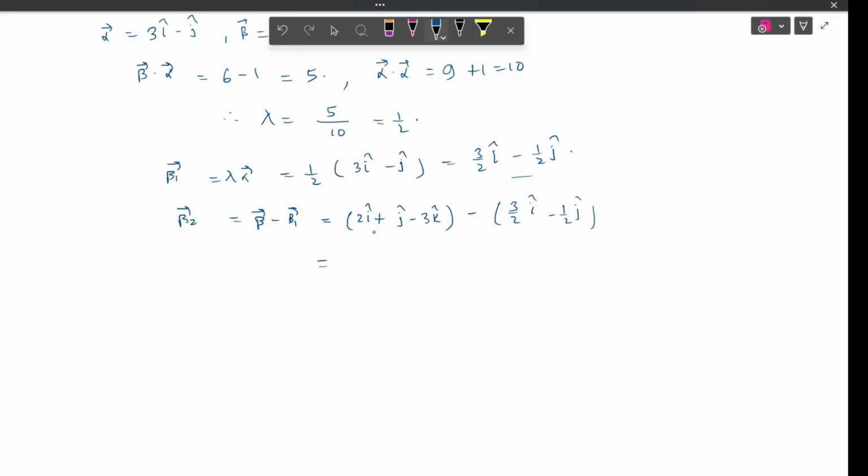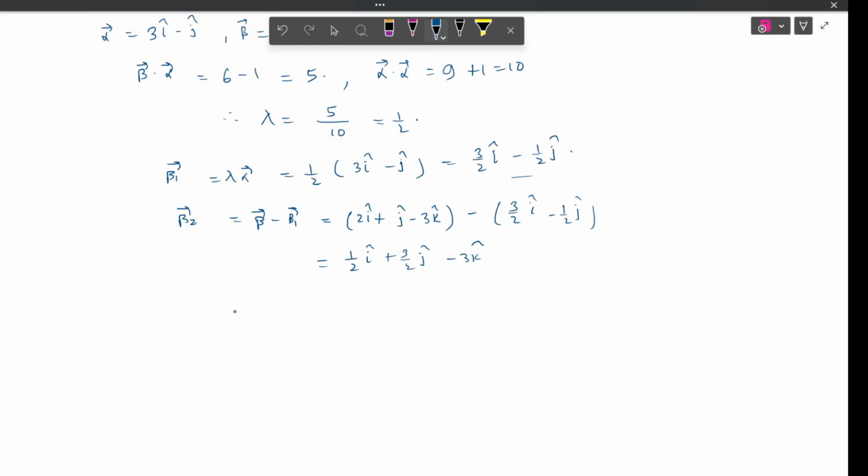So 2 i cap minus 3 by 2 i cap, it will be 4 minus 3, that is half i cap, and j cap minus half j cap, minus minus plus half j cap, it would be plus 3 by 2 j cap. There is no k component, so it would be minus 3 k cap, right?